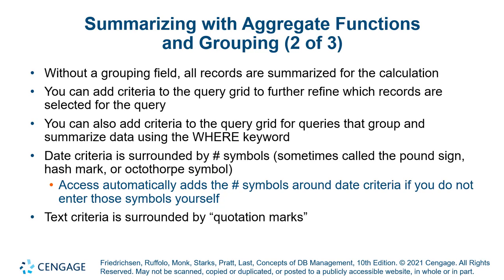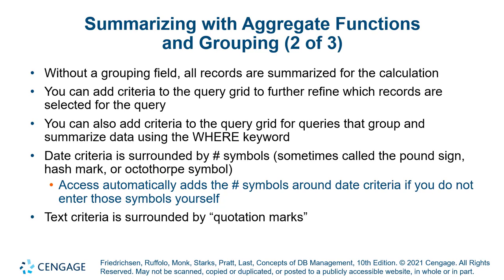We can even further refine our results by adding in criteria to our new grouping and aggregate functions. To do that, we're going to use the keyword WHERE. When we get into actual SQL language, you're going to become very familiar with the keyword WHERE.